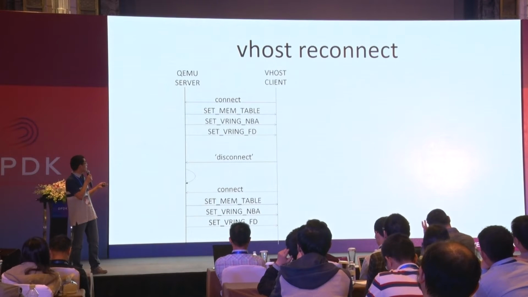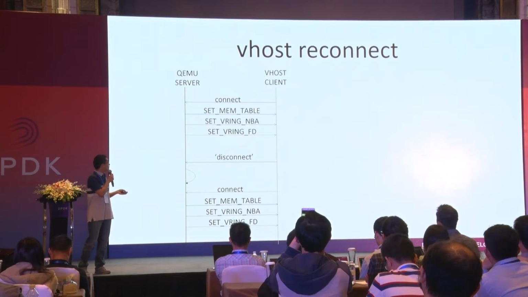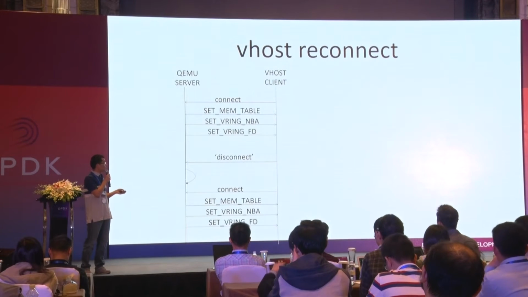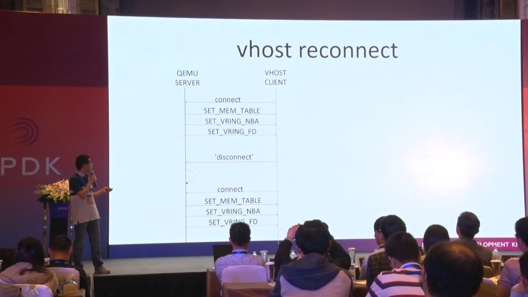There may be some small differences, but intrinsically they are the same. So Vhost will connect to the QEMU server as a client, and then QEMU will collect the information of the VM, and then it will directly operate the ring and have packet exchange.